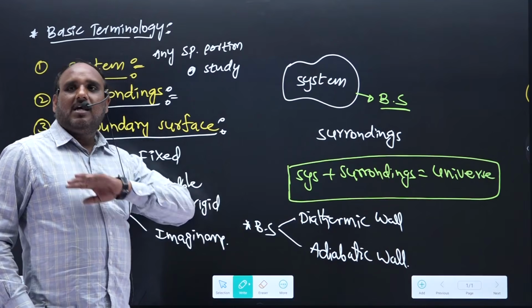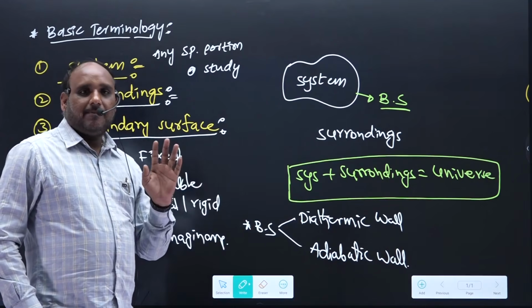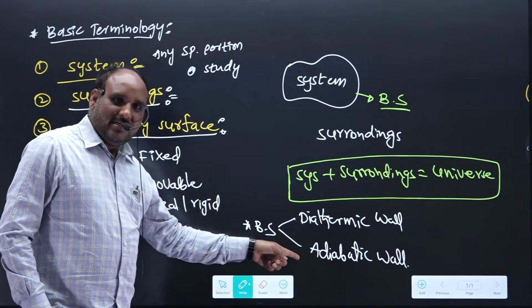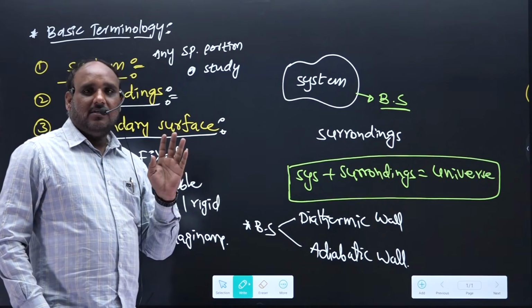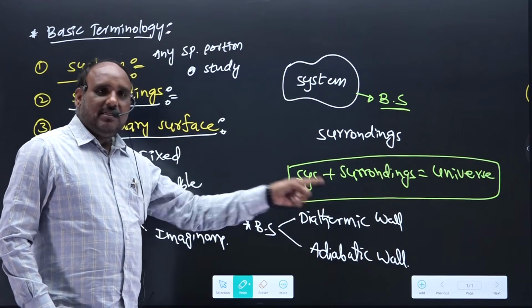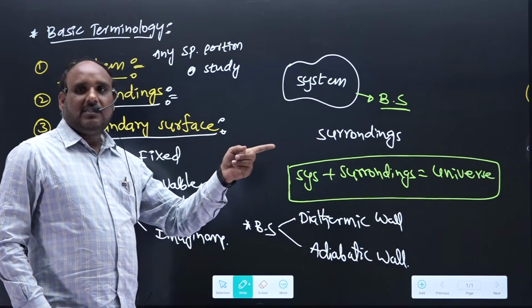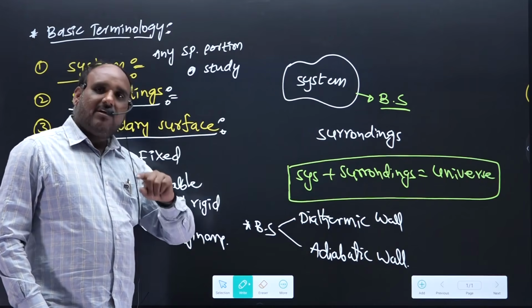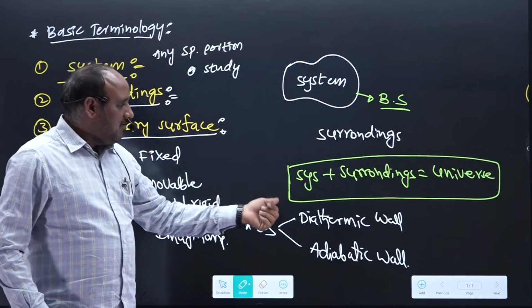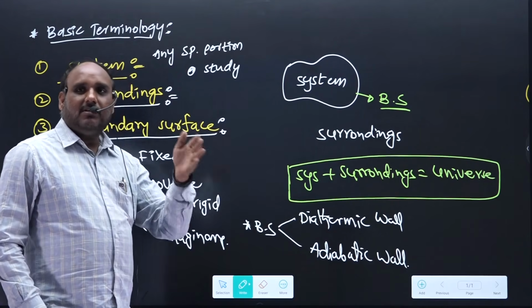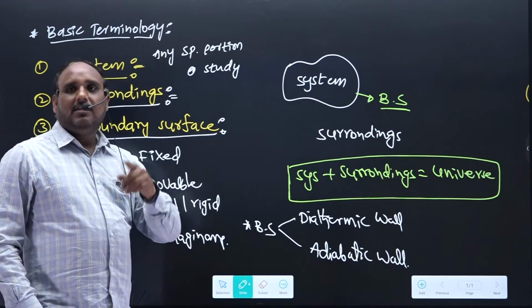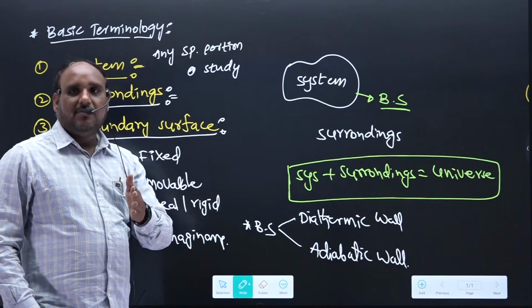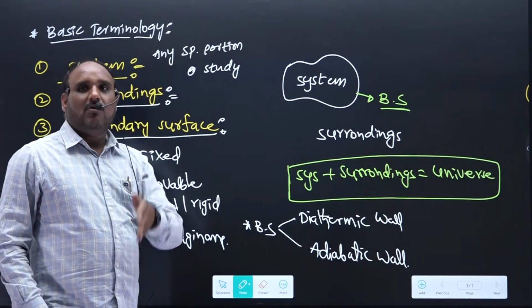Adiabatic won't transfer heat through it. Whatever the wall is, it won't allow heat through it. Diathermic means it can allow heat from one to another. So heat will be transferred between the system and surroundings with the help of the boundary surface, or there is no transfer of heat.